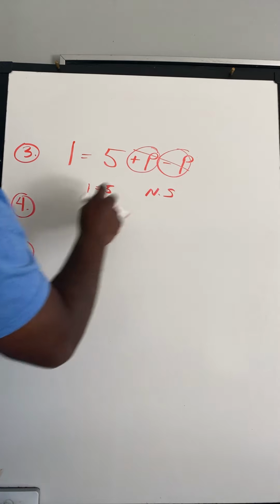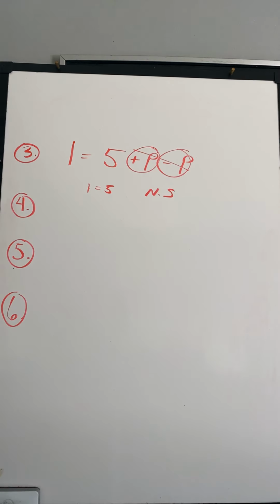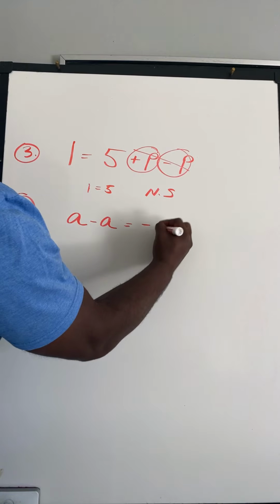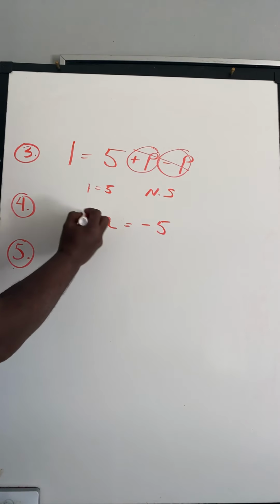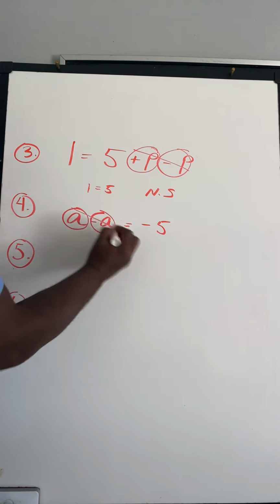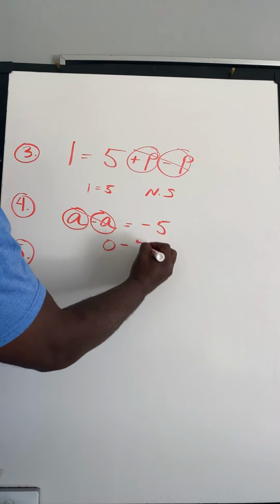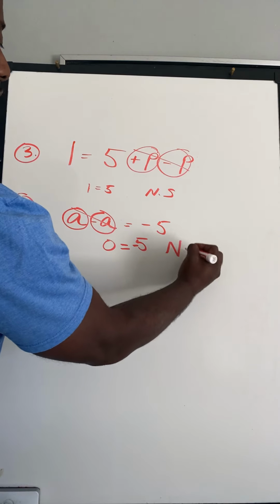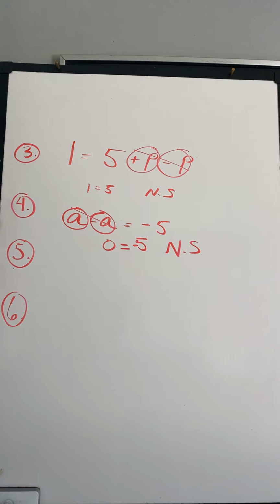No solution. That's not true. That doesn't work. Okay? Let's look at number 4. A minus A equals negative 5. Well, A minus A, those are teammates, but they equal 0. Does 0 equal negative 5? No, doesn't. This is also no solution for number 4.